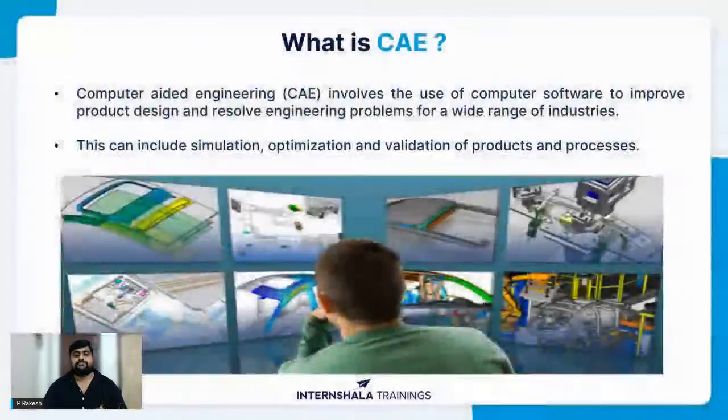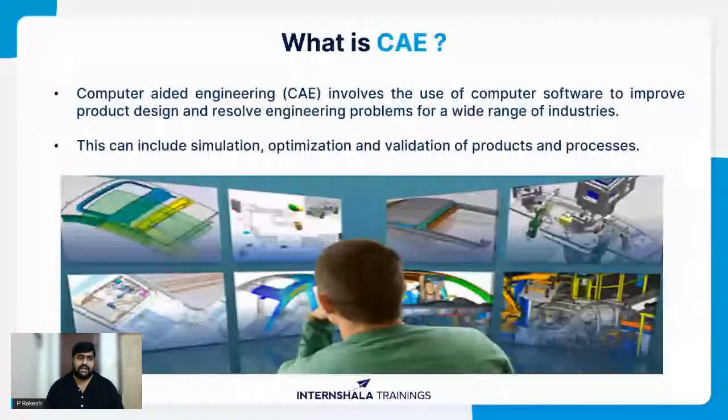Then coming to CAE, you might have heard of the term CAE. Until now we have seen the finite element method, or let us say the finite element approach, but you might have heard about CAE software, or computer aided engineering software. It is nothing but when we use computers and computer software to resolve engineering problems, it can simply be called computer aided engineering.